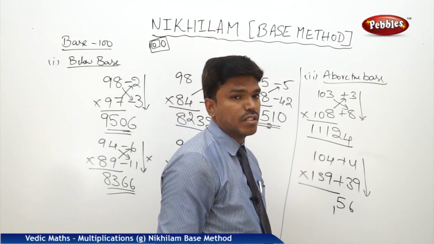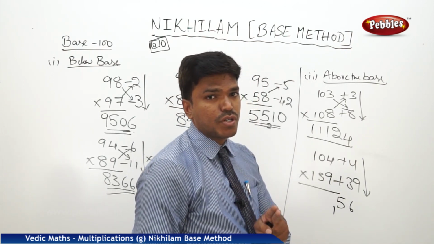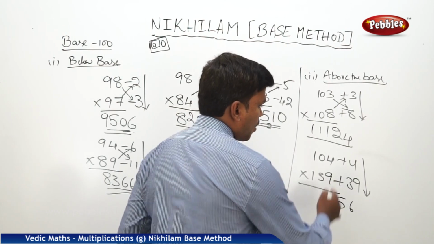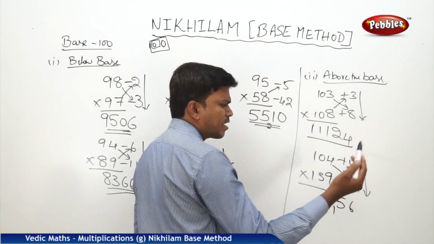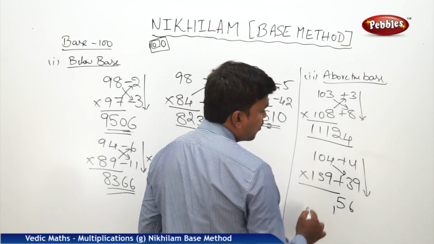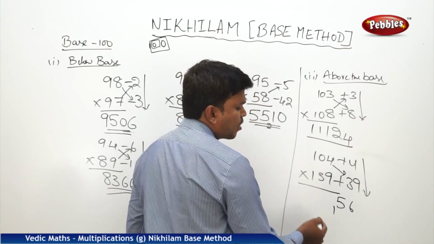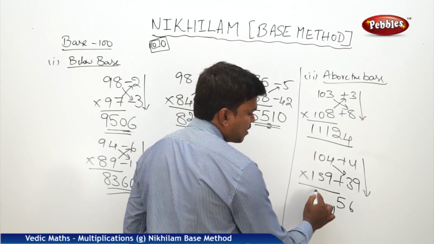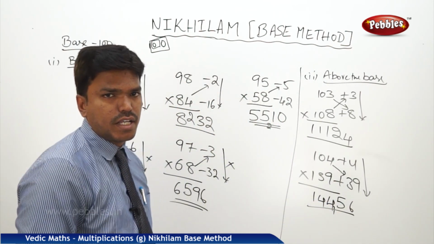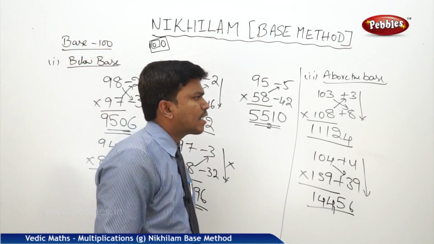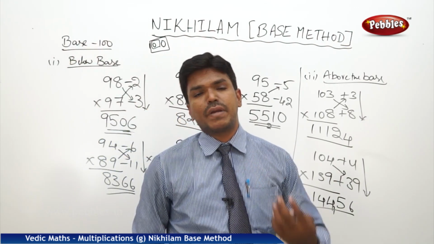Why? Because base is 100, so the right side part should consist of only 2 digits. Now cross addition. 104 plus 39, 139 plus 4. Both are same. How much? 143. 143 plus 1 is there, carry, so 144. So my answer is 14456. Yes or no? So like this we can calculate even the numbers which are above the base also.